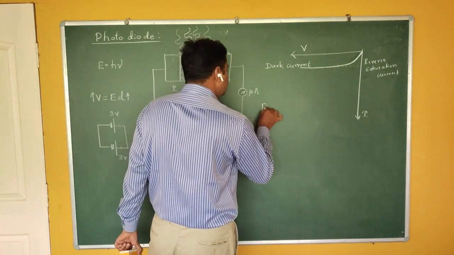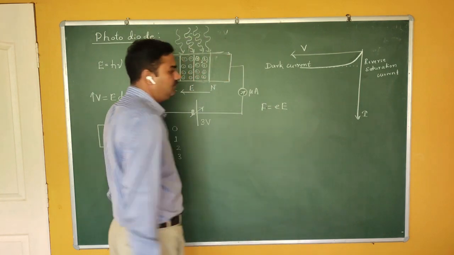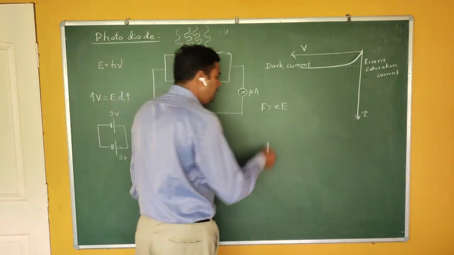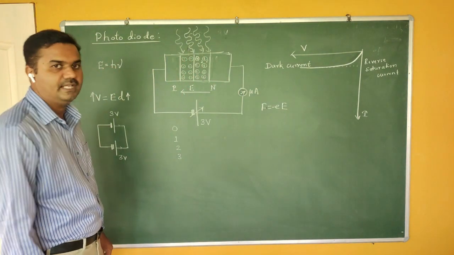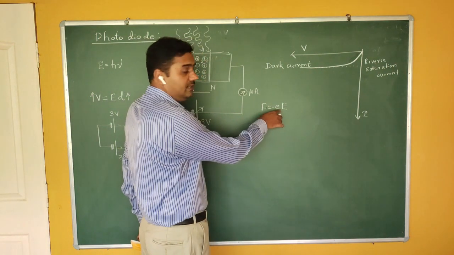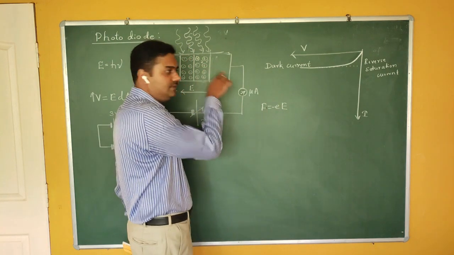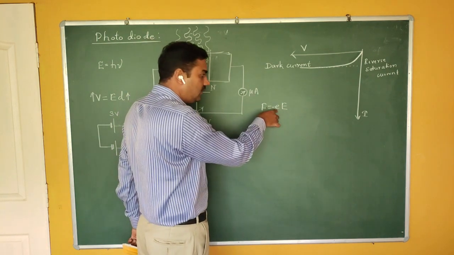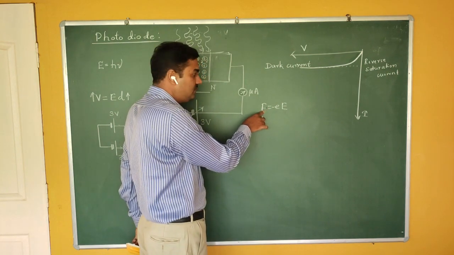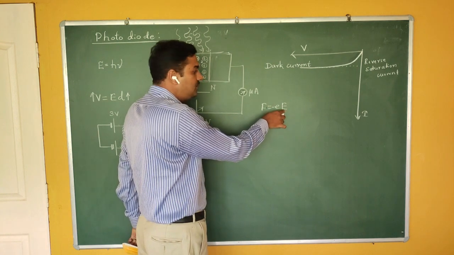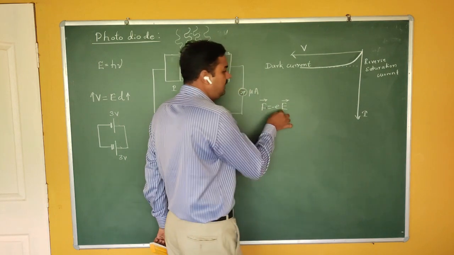And an electron in an electric field experiences a force. The formula of the force is F is equal to q E. As the electron is negative, you can write F is equal to minus e E. That means a free electron in an electric field, now this electron is free from the atom, experiences a force in a direction opposite to the direction of the electric field, because force and electric field are vector quantities.